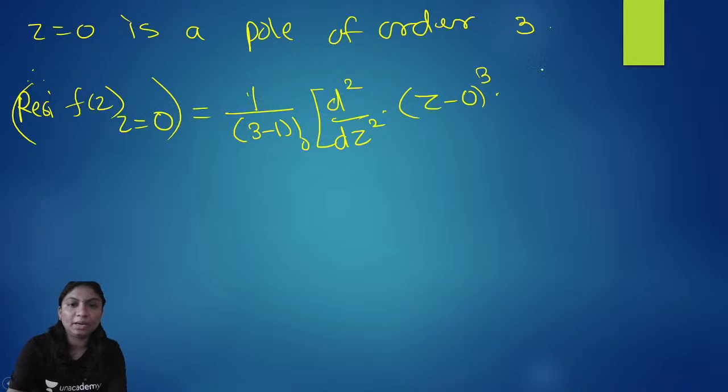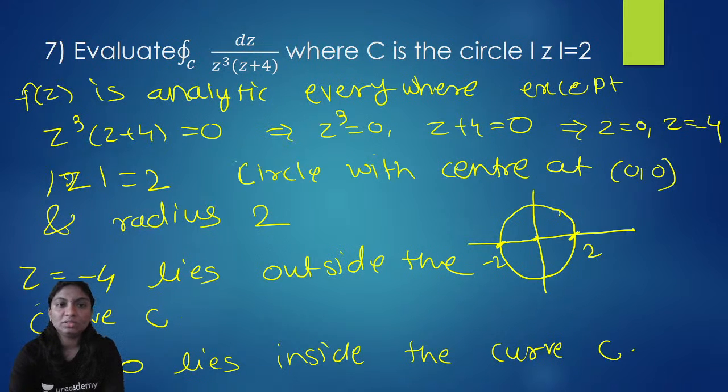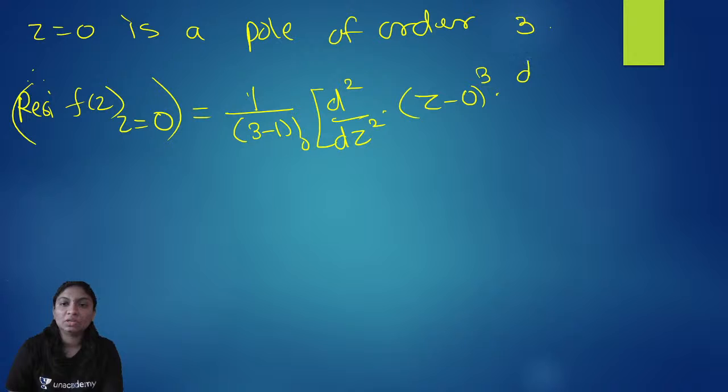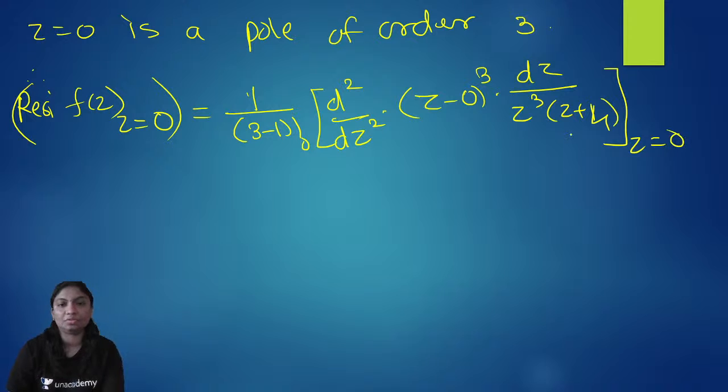What is f of z? It is z upon z cube into z plus 4, at z is equal to 0.